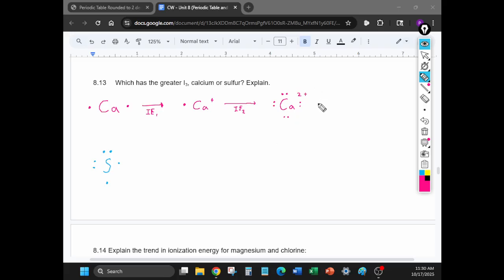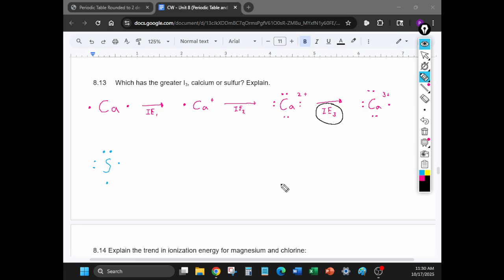And then the third ionization energy is you're basically breaking that stable complete shell. You're turning it into Ca3 plus, and you're going to end up with 7 valence electrons. Okay, so that's IE3. So we are looking at, is calcium's IE3 going to be greater or sulfur?